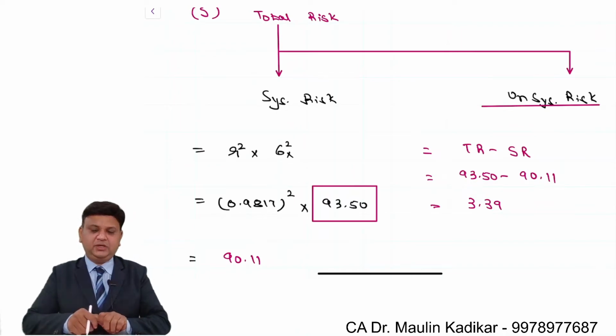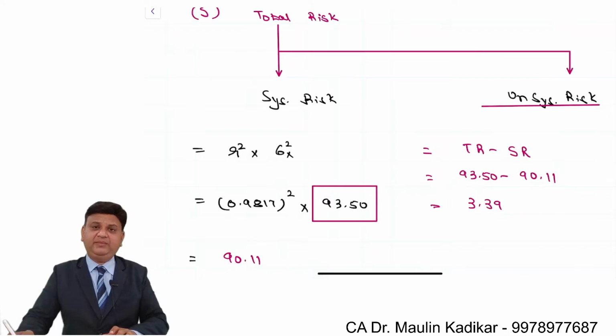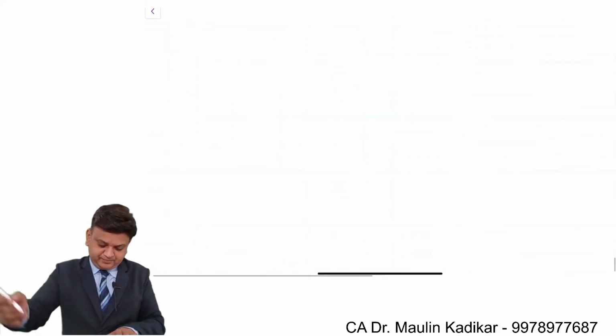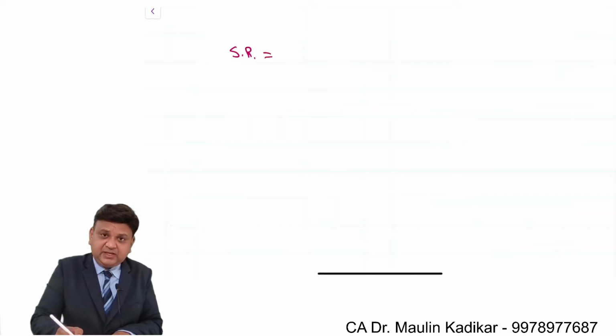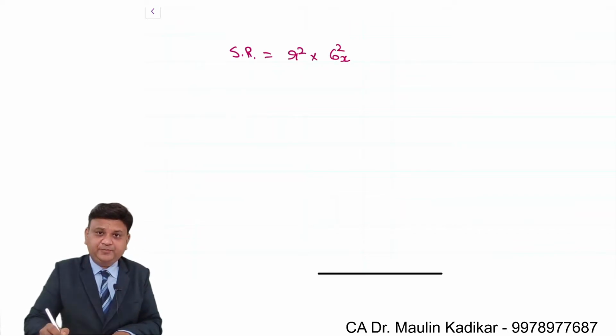Now friends, this kind of bifurcation can be made using an alternative method. What is that alternative method? Let us understand. For that, I am giving an explanation to you. The systematic risk is calculated as r square into sigma x square.